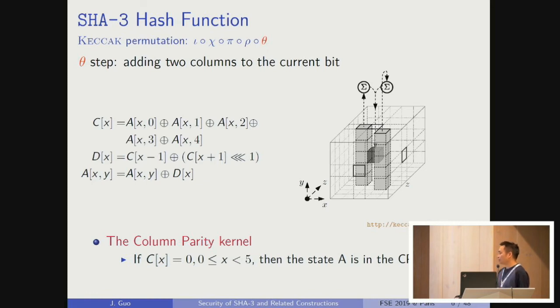That's what we call theta. There's a definition of the column parity kernel, meaning that if all the sums of the columns are 0, then the state is in the kernel. Of course, if all the sums are 1, it's also in the kernel, because if you add these 2 together, you will get 0. This is very important for us to find differential trails.